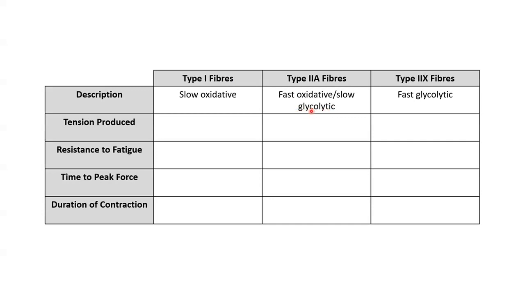They contract quite quickly, and they can use oxygen, but they can also go without. Our type 2X fibres also contract quite quickly, but they primarily use anaerobic glycolysis as their muscle energy source.